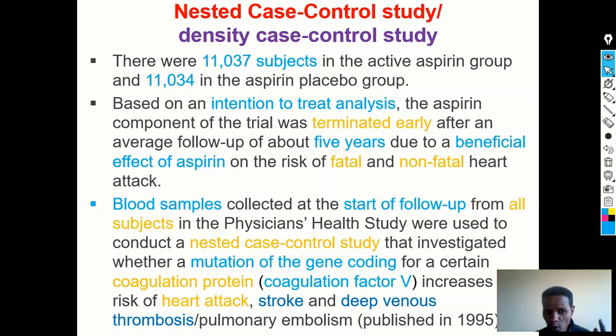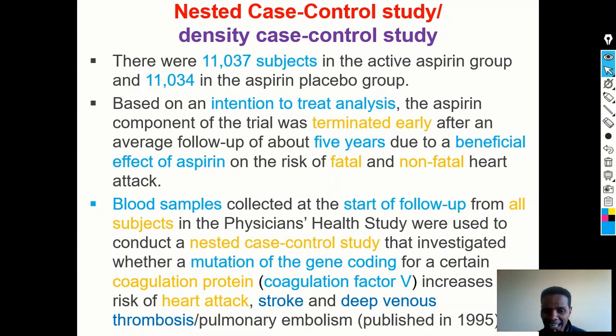The aspirin component of the trial was terminated early, after an average follow-up of 5 years, due to a beneficial effect of aspirin on the risk of fatal and non-fatal heart attack. It was found to be effective in reducing heart attack, so if it is effective, you terminate the study and give the drug to the patients.